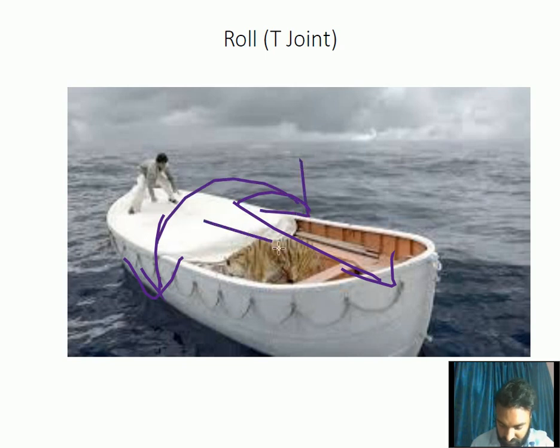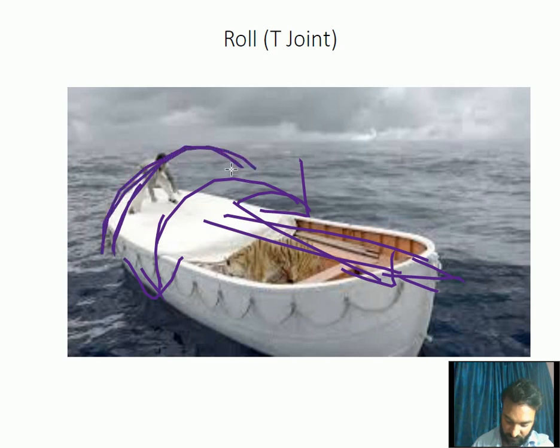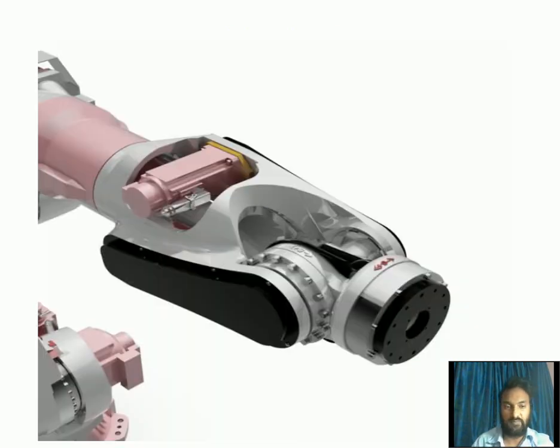You can consider this is your wrist, or end effector, this way. You will see the same thing. The boat will go like this, and you are moving with the boat in this direction. So where is the roll? Here.